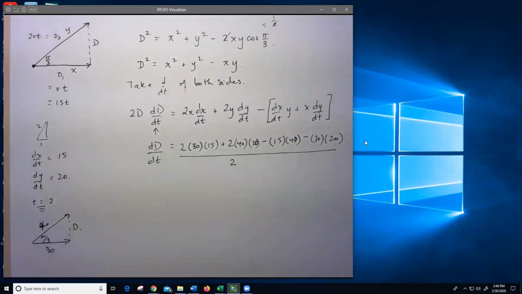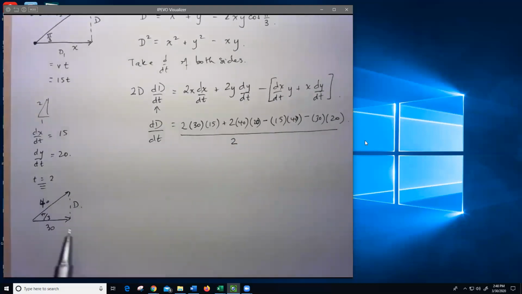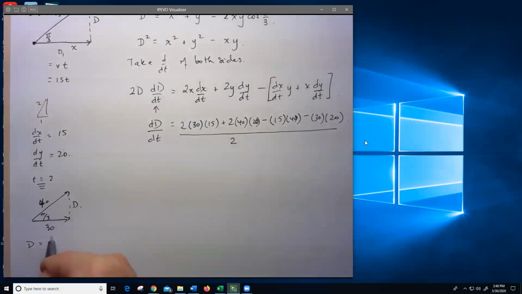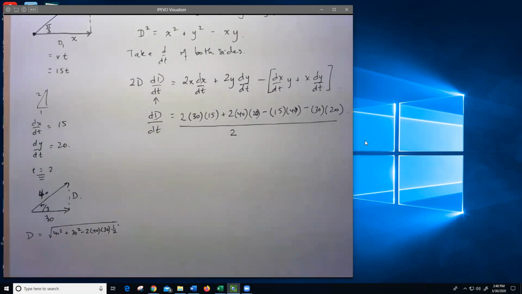Thank you. All right. So now I can just use cosine law here. So d is equal to the square root of 40 squared plus 30 squared minus 2 times 40 times 30 times, well, we already know that that's a half. We calculated cos of pi over 3 before. So what is this equal to?